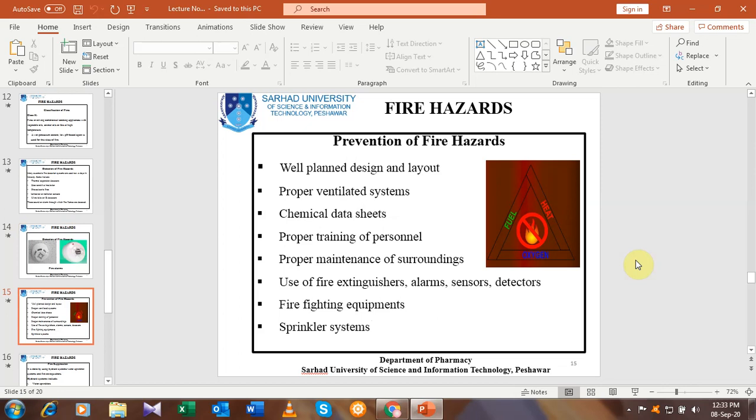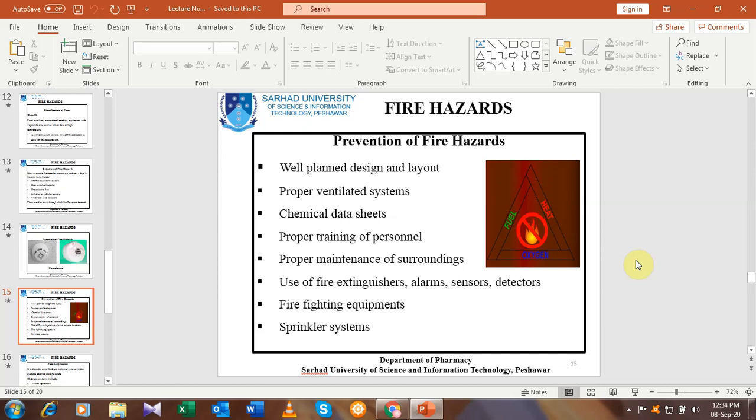The prevention of fire hazard: different prevention measures and steps for preventing the fire hazard, including well-planned design and layout, and a proper ventilation system. The chemical data sheet should be consulted where different chemicals are used in the pharmaceutical industry. One prominent cause of the fire hazard is exposure to chemicals which act as fuel.